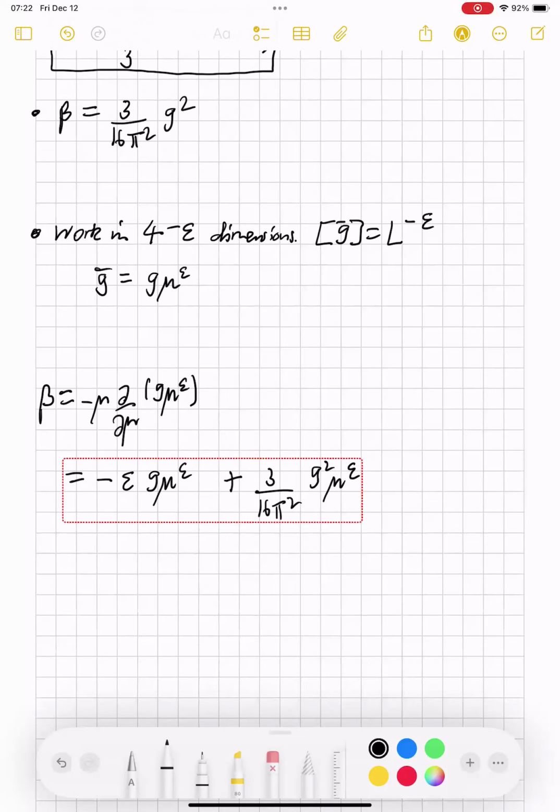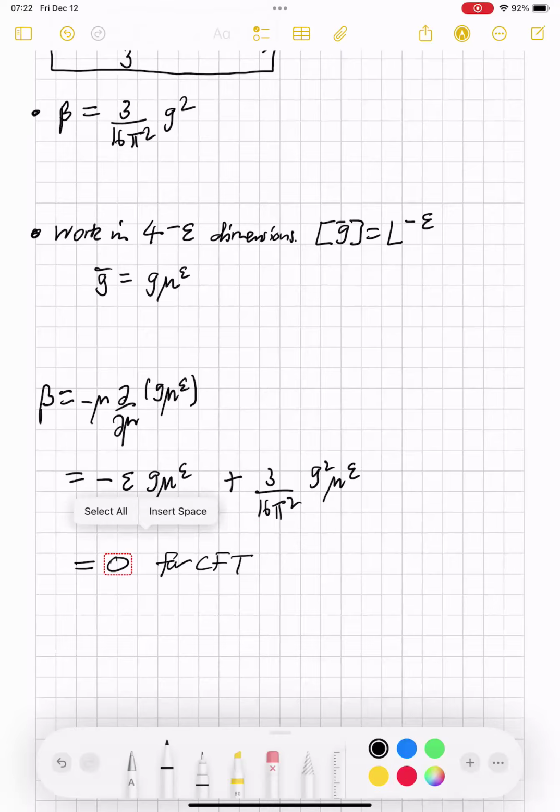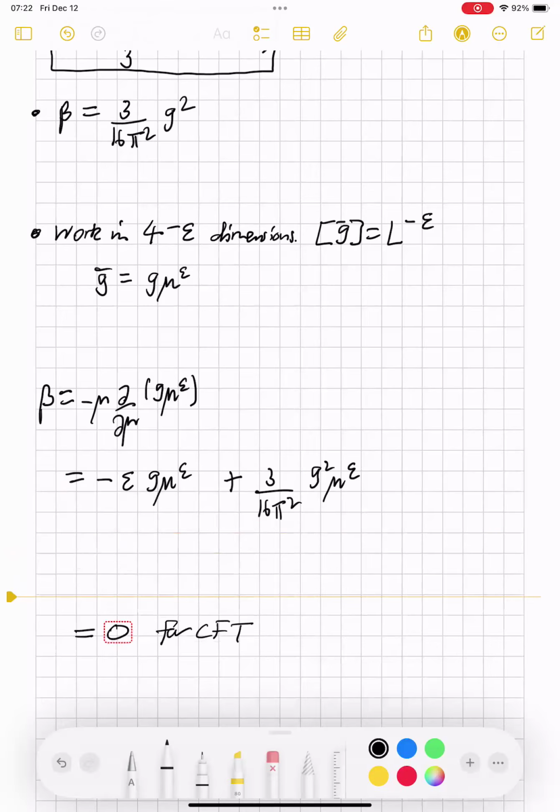And then we said that when we sum these two terms, the beta function must vanish for a CFT. Okay? For a CFT. Good. So let me put a little space there. Okay, very good. So this was the logic.